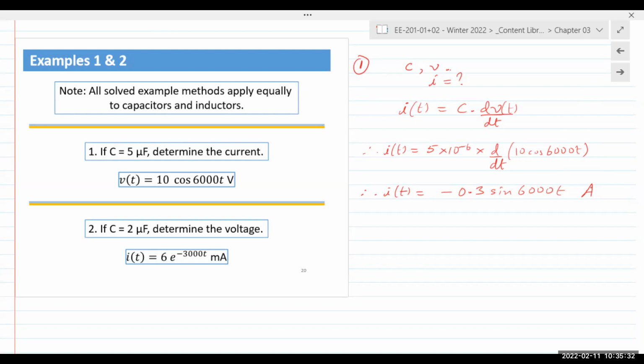So recall what I said earlier. I said oftentimes we may be provided with a value of the time. Whether we are provided with a value or not, we always solve for what is given to us. So in here, it is given to us that the voltage is a function of time. So time is a variable in that equation.